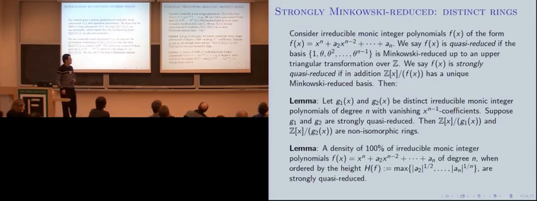The second lemma is that strongly quasi-reduced is pretty much an open condition. 100% of these polynomials are strongly quasi-reduced. Okay, 100% with respect to this height where you give each a_i degree i. These two lemmas already tell you that 100% of these polynomials will give you distinct rings.